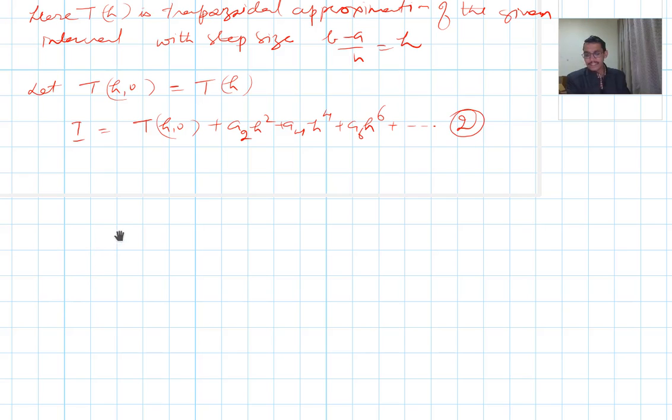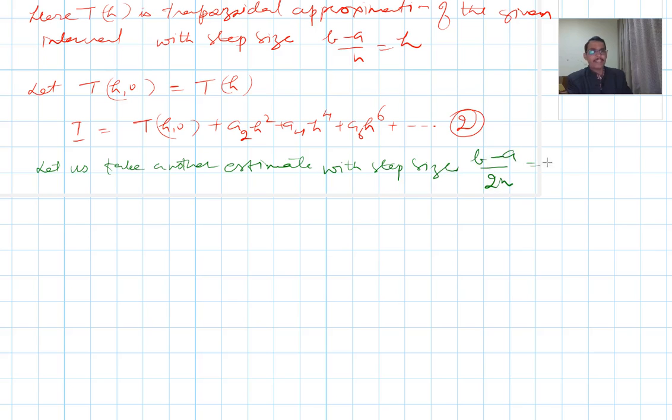And let us take another estimate with step size (b minus a) over 2n, and let it be equal to h by 2.